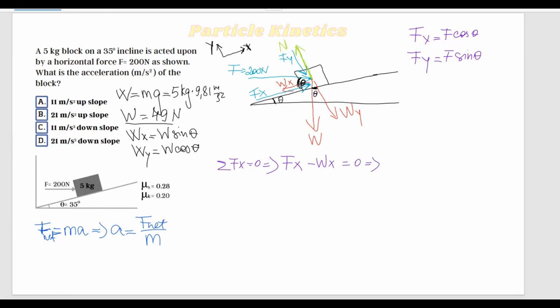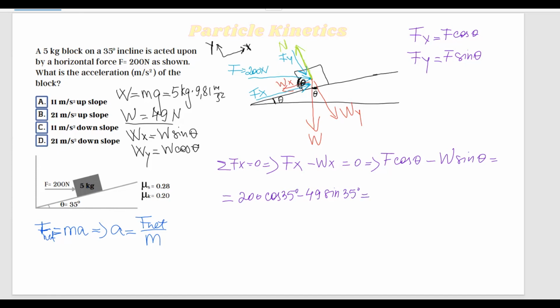And this results in Fx is F cosine theta minus Wx is W sine theta, which is 200 cosine of 35 minus the weight, 49 sine 35 degrees.